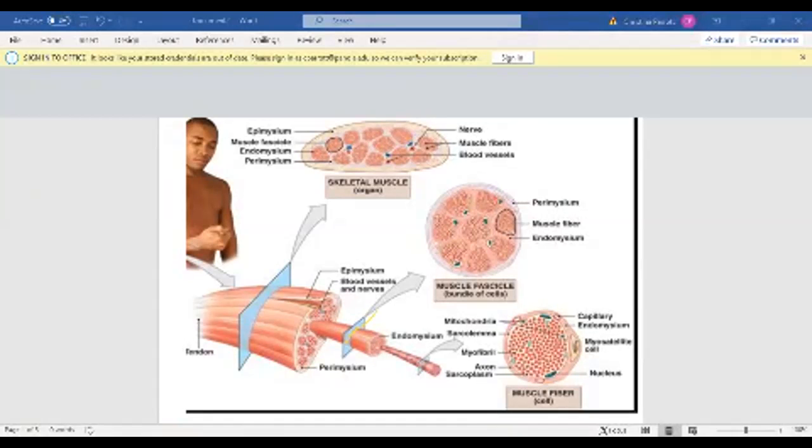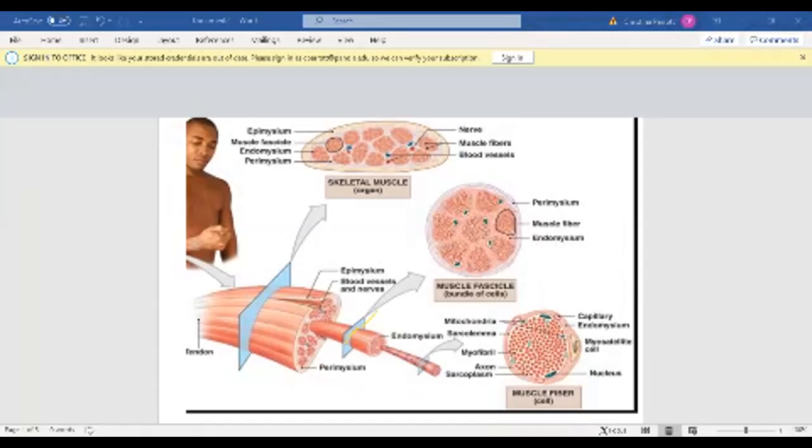1, the epimysium. Then going further down, you will have the perimysium, then the muscle fascicle, then the endomysium, then the muscle cell or muscle fiber, then the myofibril, okay?